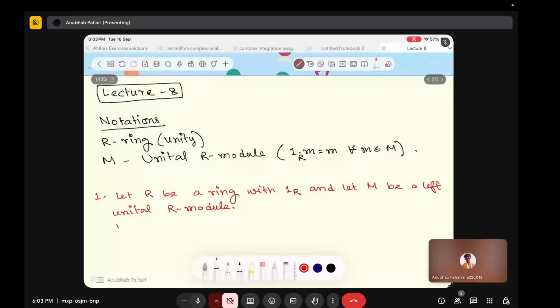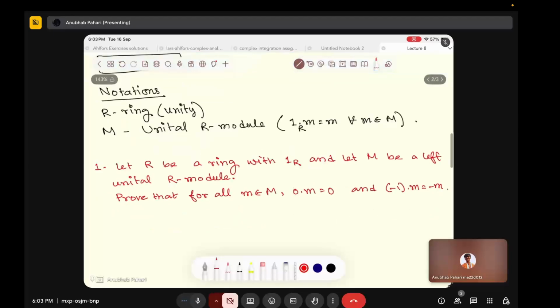Prove that for all small m belongs to capital M, 0 dot m equals 0 and minus 1 of m equals minus of m.